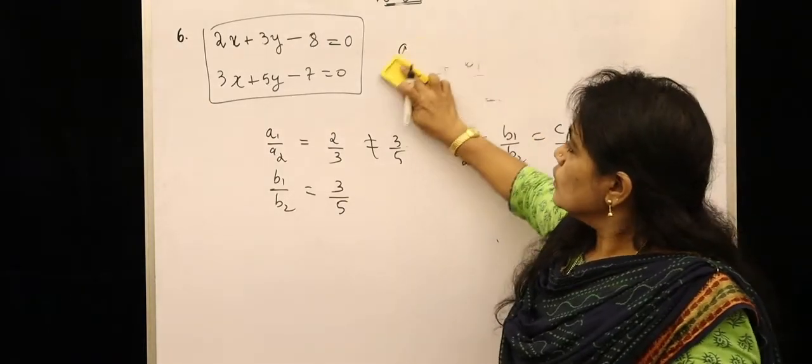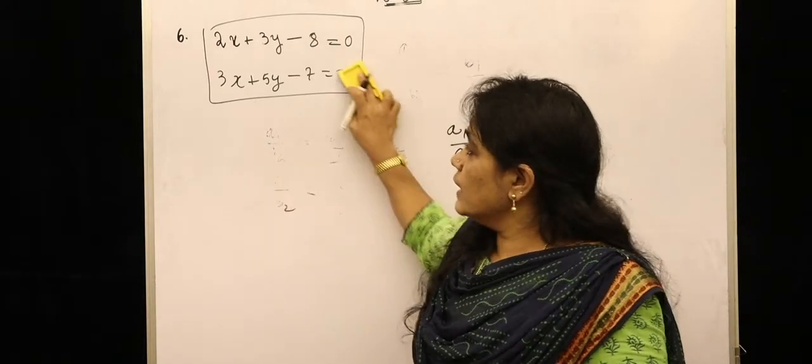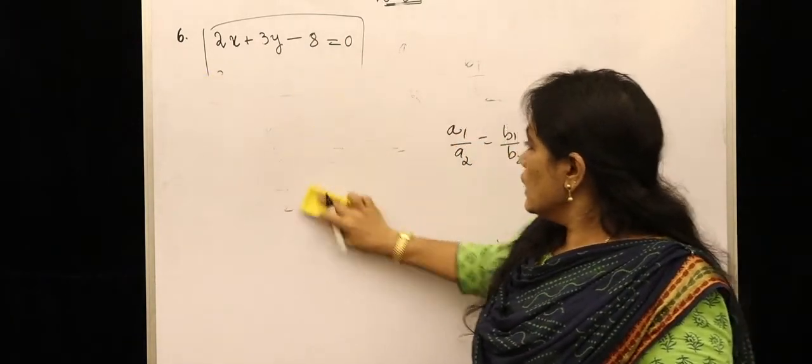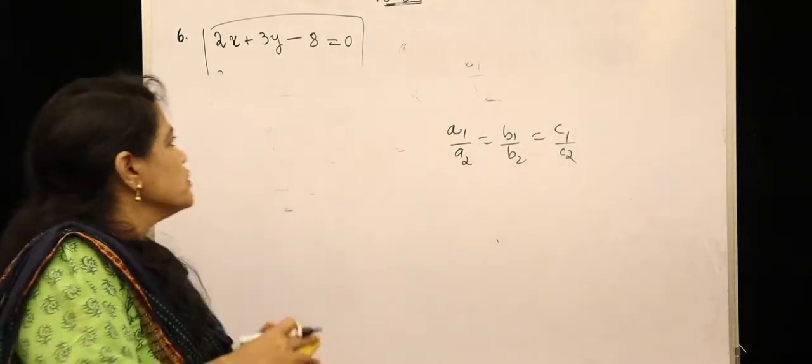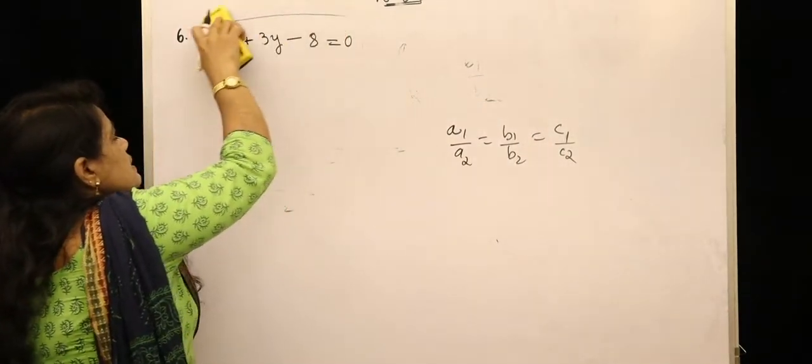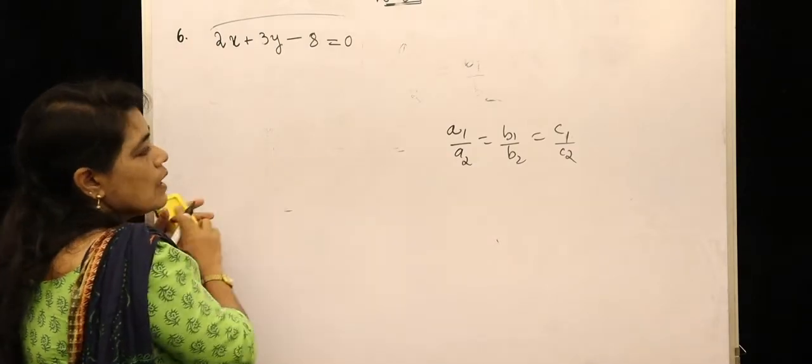We need these three ratios to be equal. So children, I am making this ratio, suppose, 1 by 2.